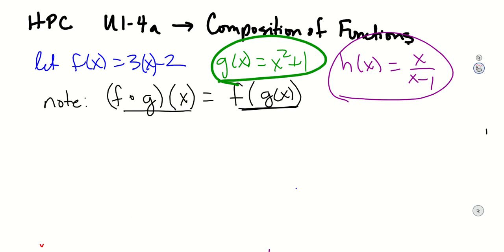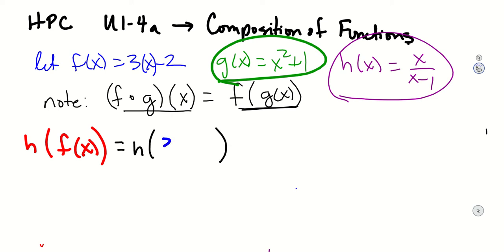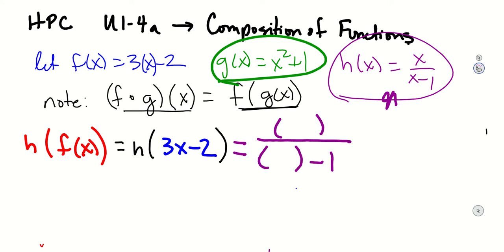This time we're going to look at h of f of x. To do h of f of x, we're going to do h of what f of x equals, and f of x is 3x minus 2. So we're going to come back to h, and h is our input for x over our input for x minus 1.